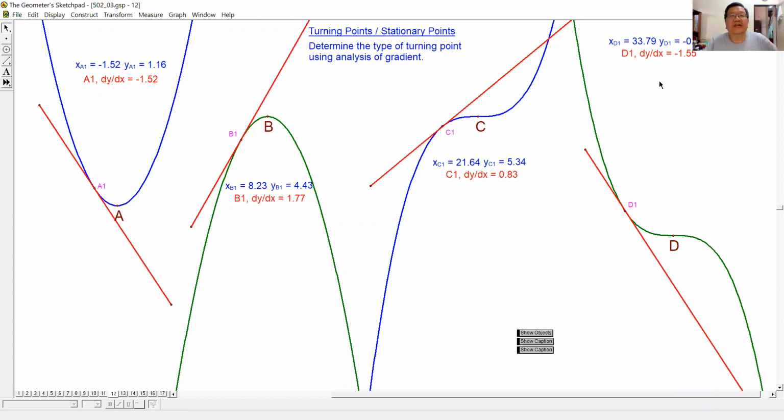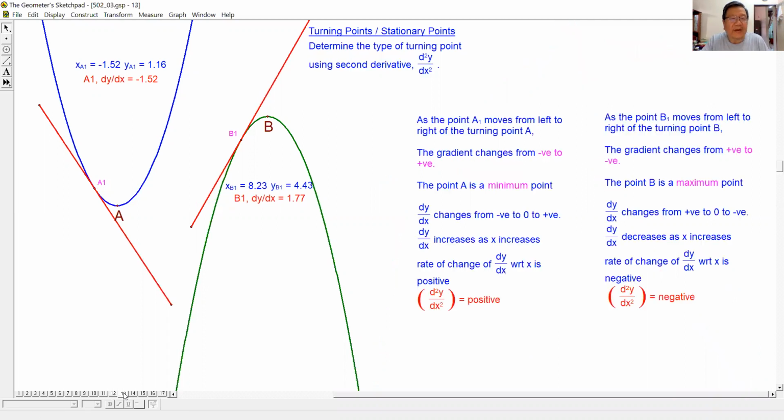The first method is called analysis of gradient. We try to analyze the gradient and see. Then the second method is using the second derivative. We find the d2y dx square. From the d2y dx square, they can tell us whether the point is maximum or minimum.